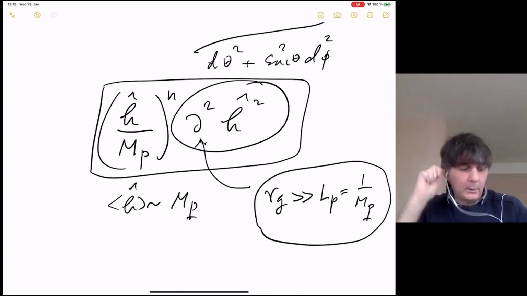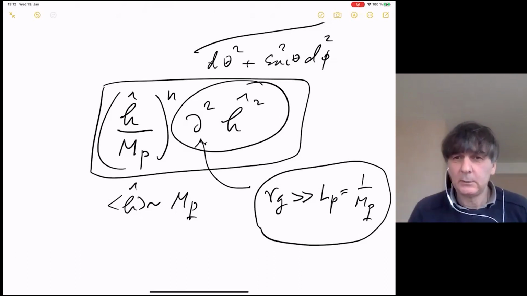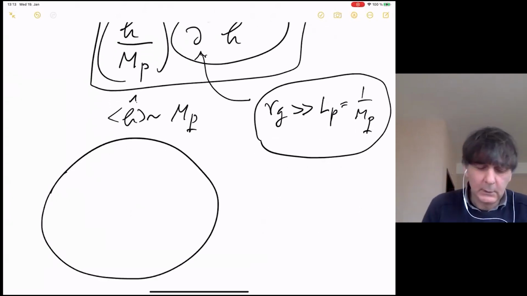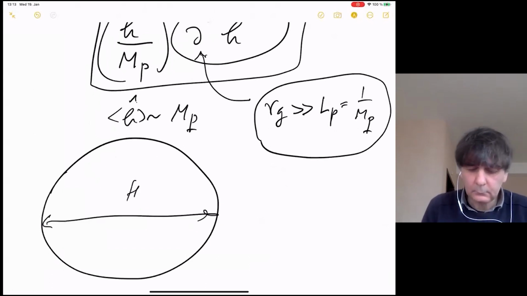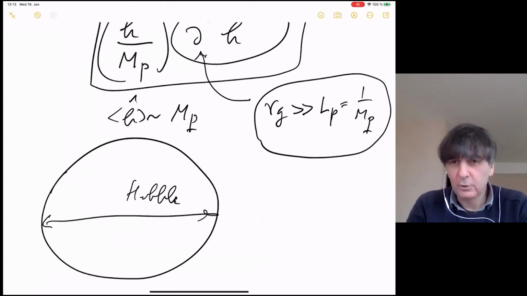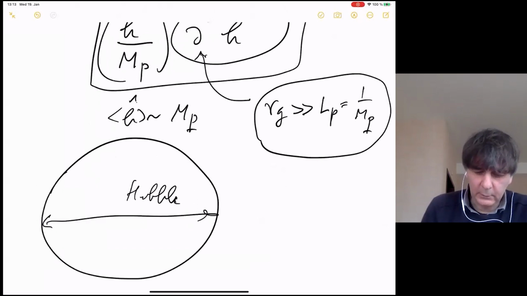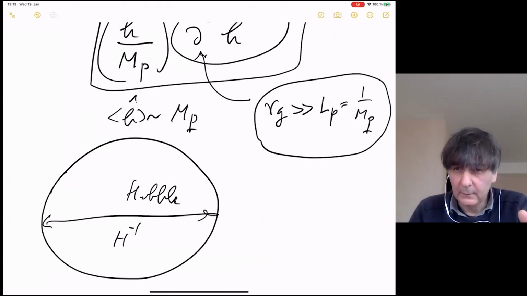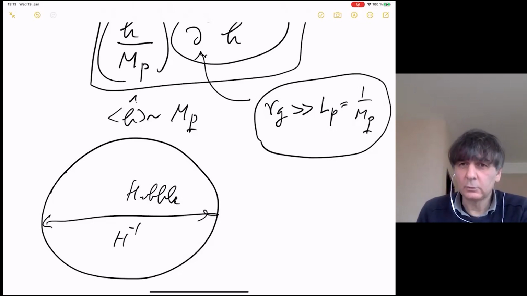If you do the following exercise: take the Hubble radius of the universe, H inverse, calculate the entire mass within the cosmological Hubble radius, and then calculate the gravitational radius of that mass, you get something very close to the Hubble radius.